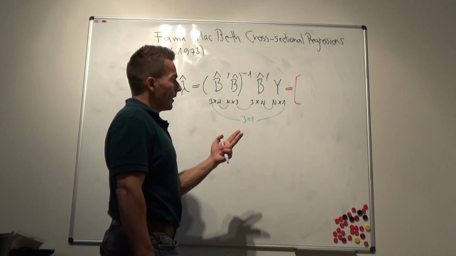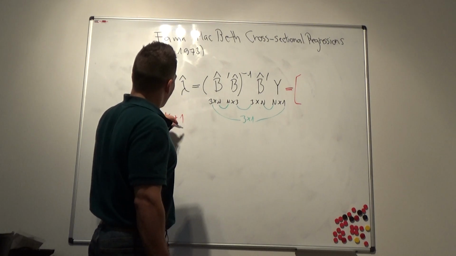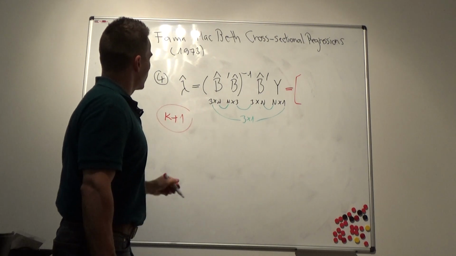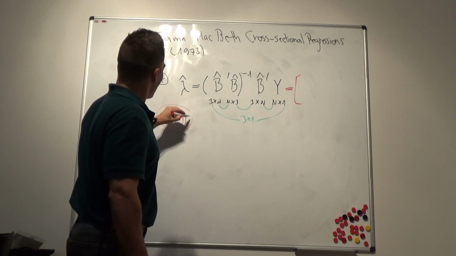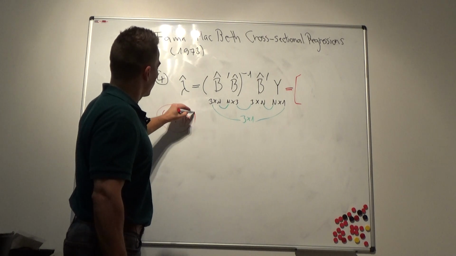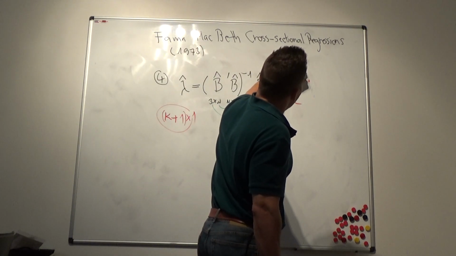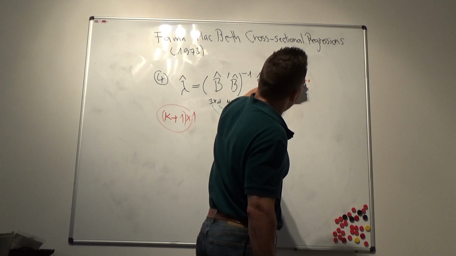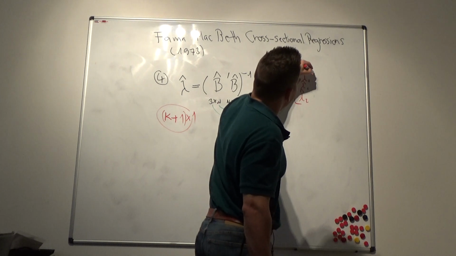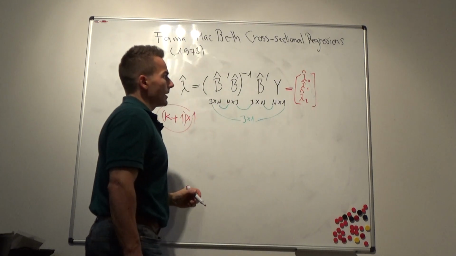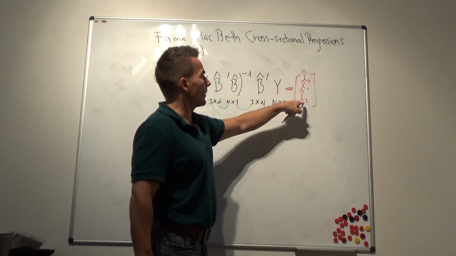K is 2, and the dimension of lambda is always k plus 1 by 1, to be more specific. So we get three numbers: lambda 0 hat, lambda 1 hat, and lambda 2 hat.